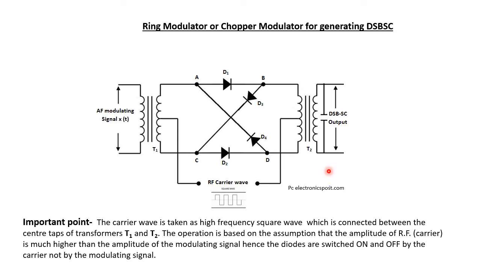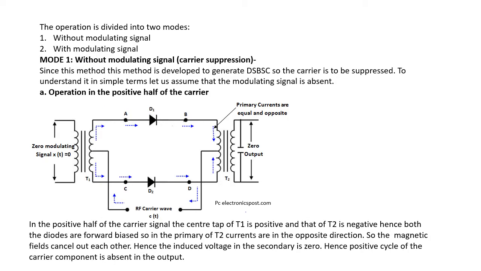So one thing we have to keep in our mind is that whether the diode will be in the forward bias or in the reverse bias, it will depend upon the radio frequency carrier wave, not on the polarity of the modulating signal. This is a very important point to be noted with ring modulator.